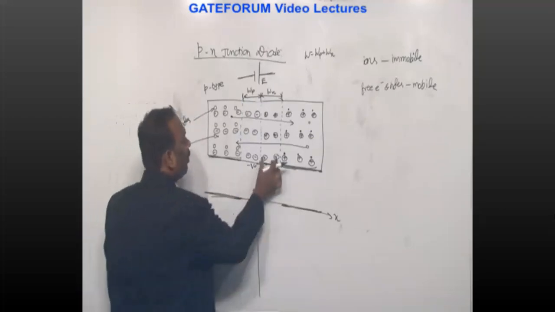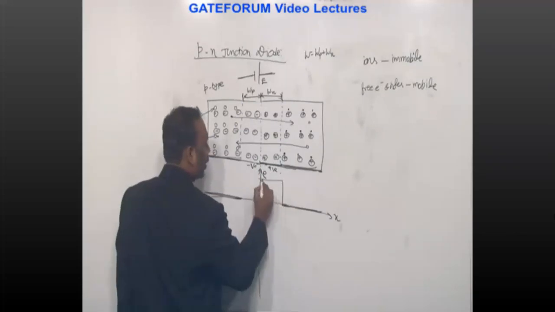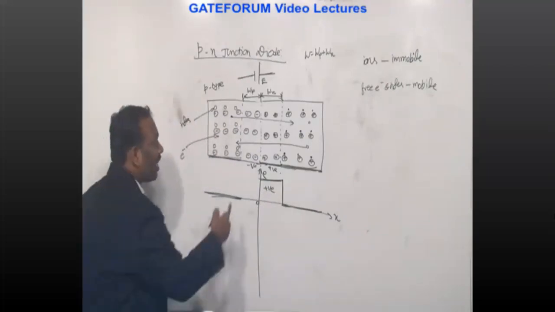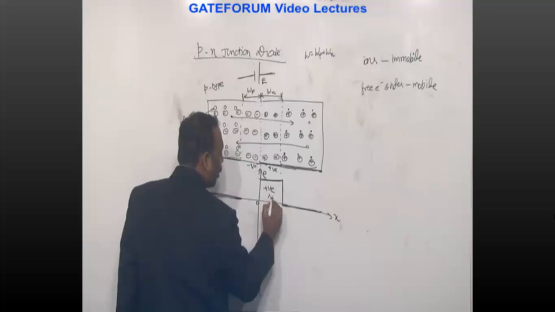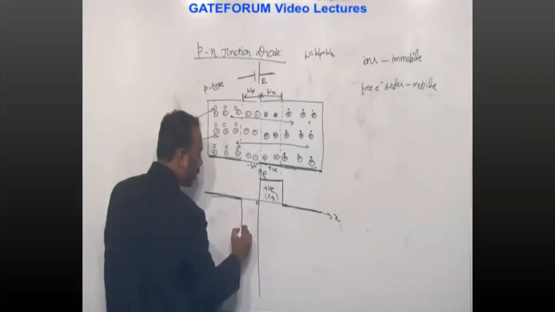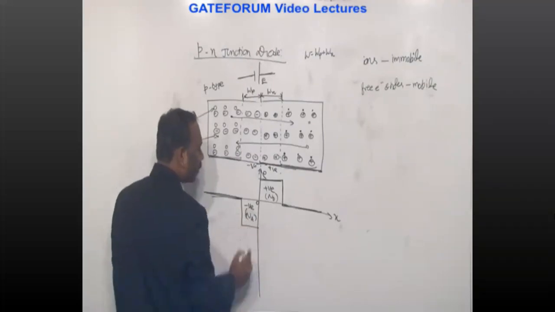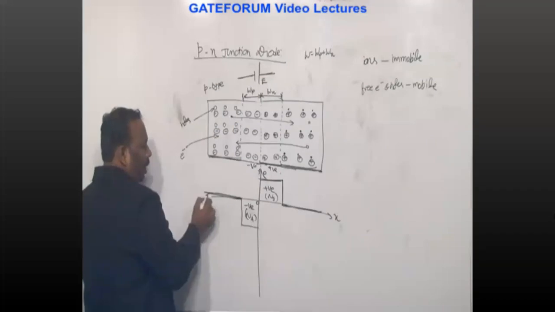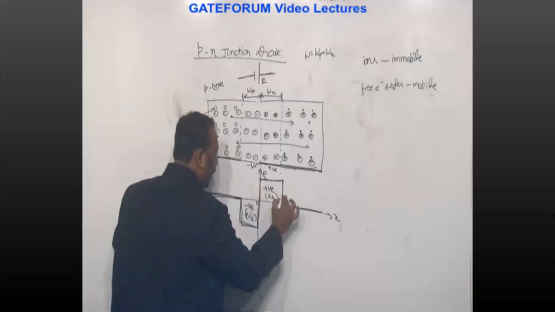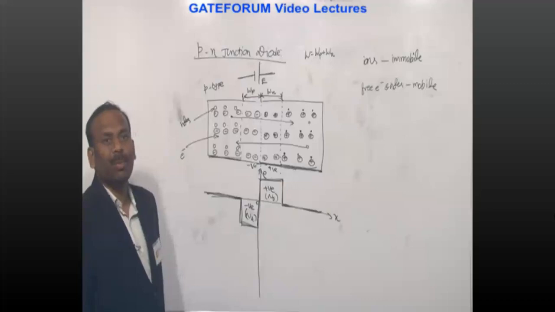Clear? Now here we are having a positive charge, indicated like this, and it contains donor ions. Here we are having negative charge, and this is acceptor ions. So here neutral, from this portion it is negatively charged, and at the junction it shifts to positive, and here it is neutral. This is called the charge density plot.